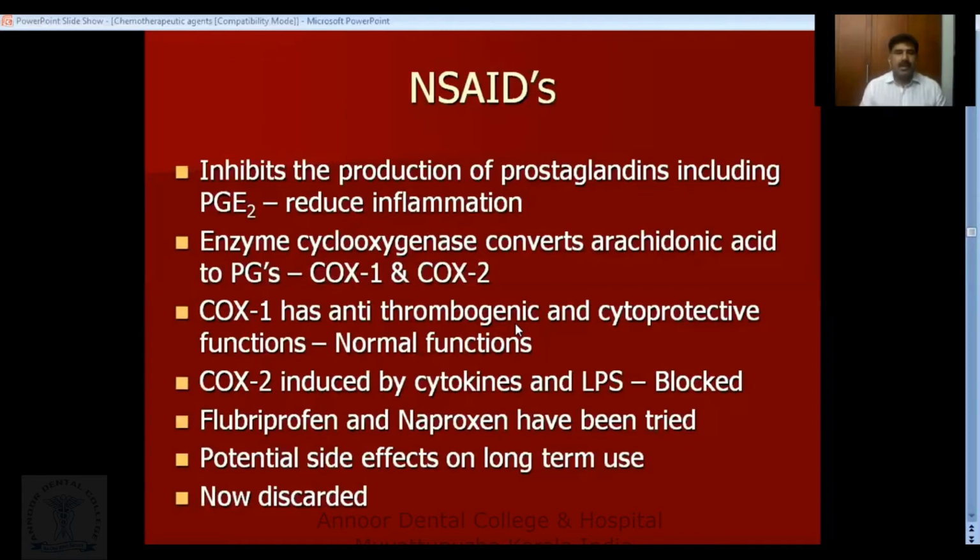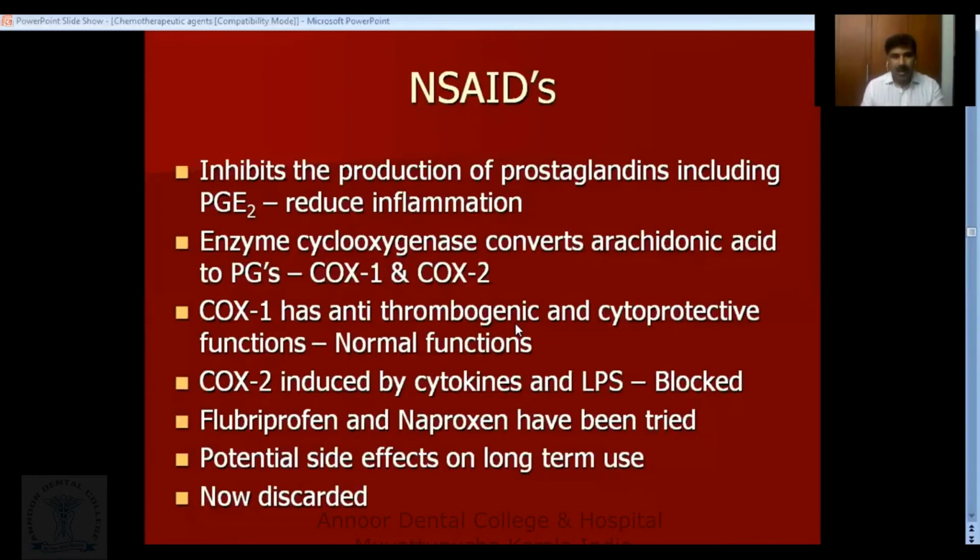The prostaglandin formed as a result of the COX-1 pathway is very essential for the basic, day-to-day needs of our body. It is needed for thrombogenic and cytoprotective actions within the body. But it is the prostaglandin produced by the COX-2 pathway that actually causes this disease, or causes this exaggerated response, which can result in alveolar bone loss.